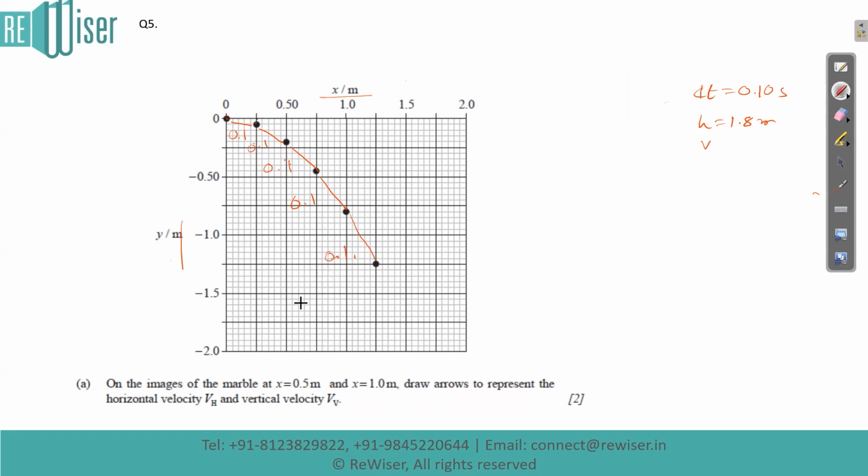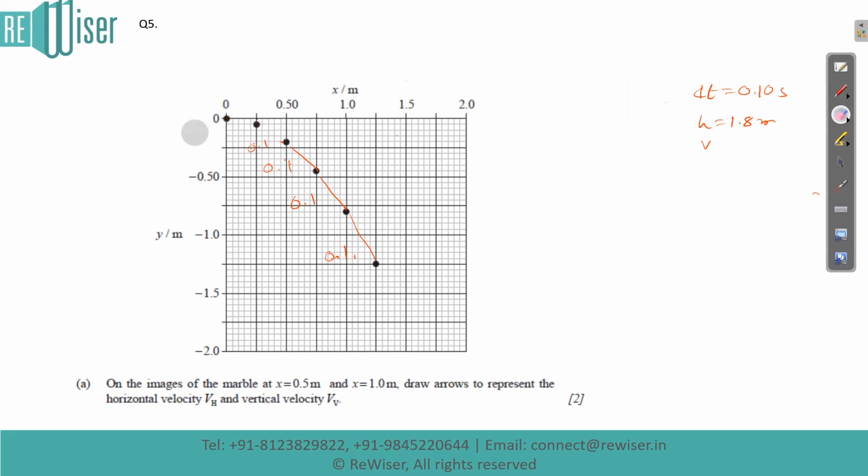Now they're asking, on the images of the marble at x equal to 0.5 and x equal to 1 meter, draw the arrows to represent the horizontal and vertical velocity.